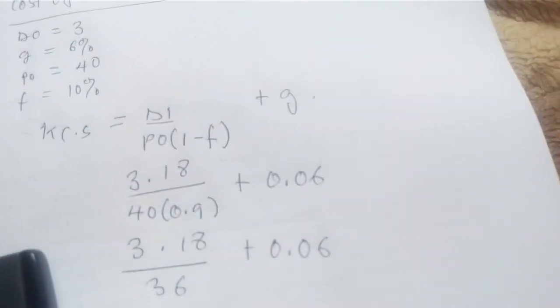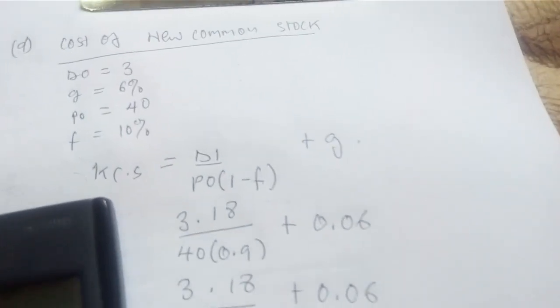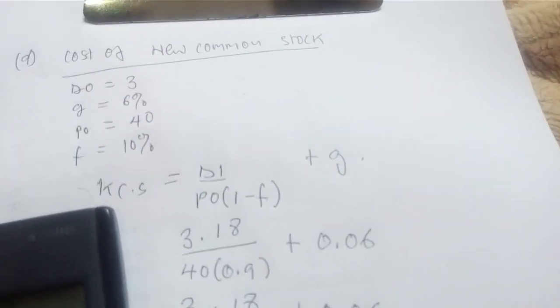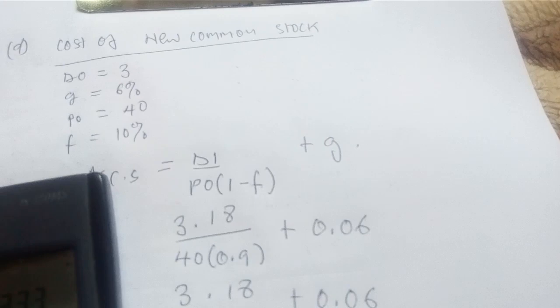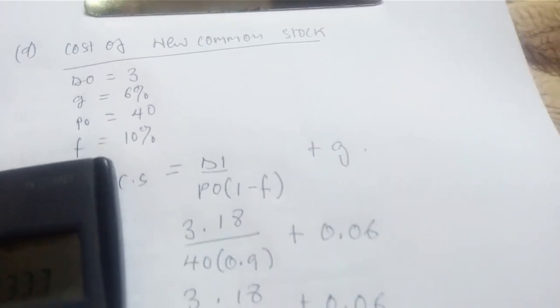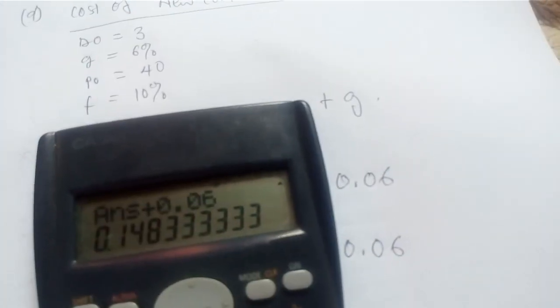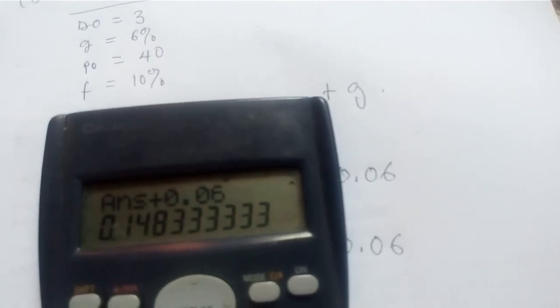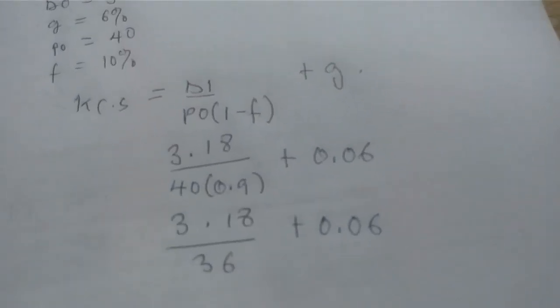Okay, so some calculations here. So we're going to have 3.18 divided by 36 plus 0.06. Okay, so when we punch in that, we're going to get 14.83%.